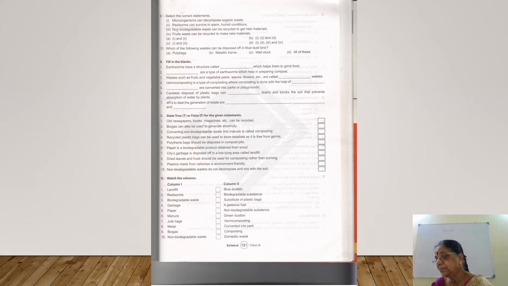Then match the column. Landfill converted into park.